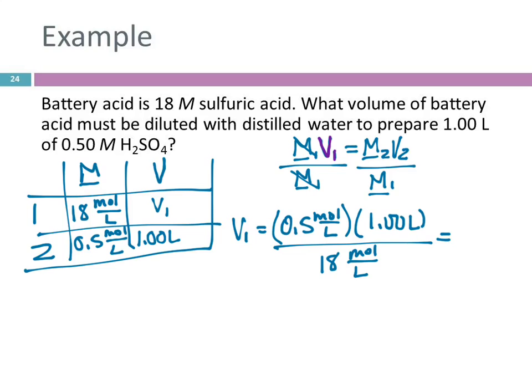This should have only one significant figure, so 0.03 liters. Because moles per liter and moles per liter canceled out, and we've got liter left. Does that answer the question, what volume of battery acid must be diluted? Yeah. What volume? 0.03 liters.